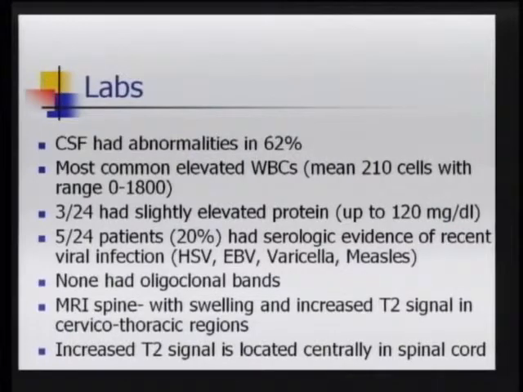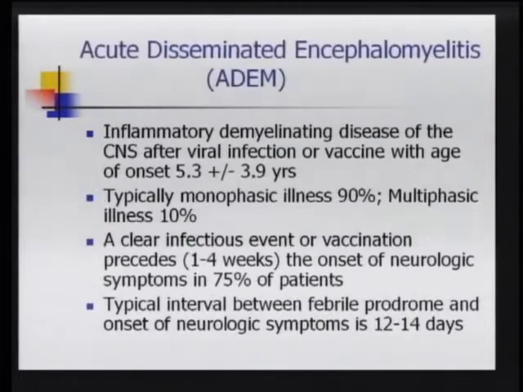And 20% of the patients had some evidence of viral infections as detected by serology. None of the kids in this particular study had oligoclonal bands, as you would expect with pediatric TM. And the MRIs, for the most part, had swelling and increased T2 signal over most of the cord, both through the cervical and into the thoracic region.